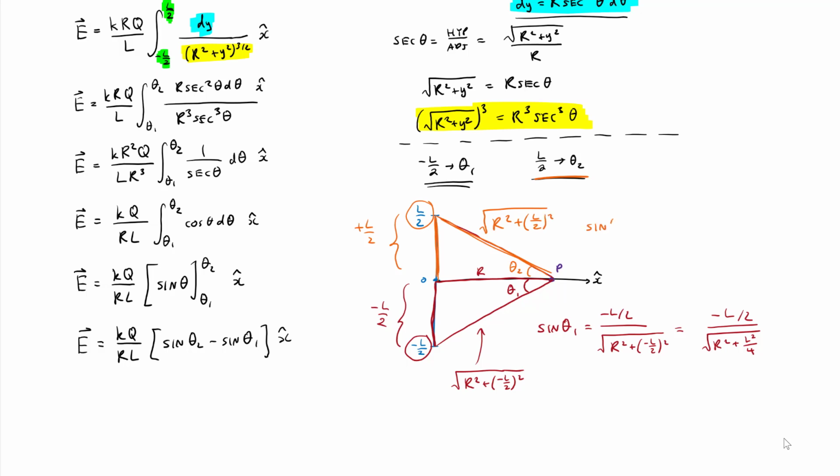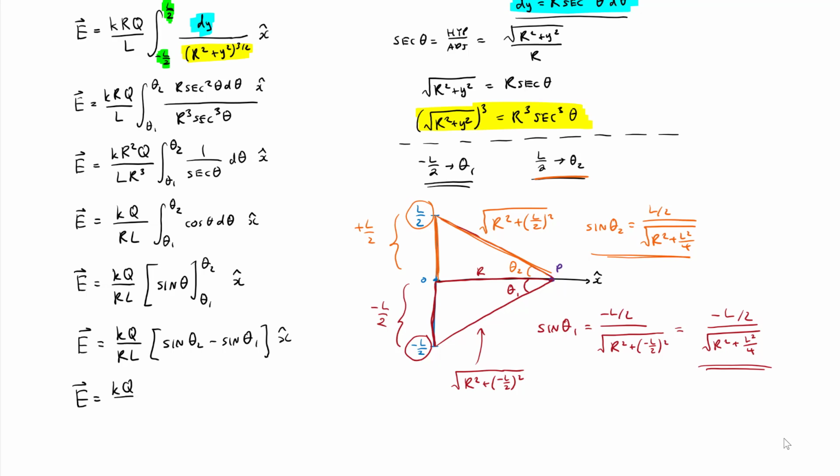So sine of theta 2 is equal to positive L over 2 divided by the square root of r squared plus L squared over 4. So now I figured out what sine theta 2 is equal to, and I've also figured out what sine theta 1 is equal to. And I can plug that in to my solution.